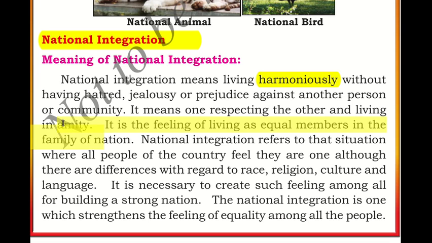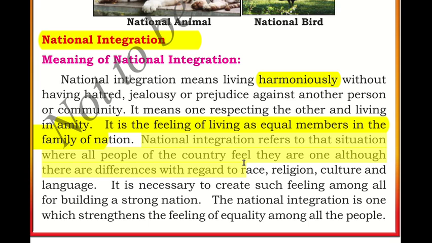Amity might be a new word for you. It means friendship. It is the feeling of living as equal members in the family of nation. National integration refers to the situation where all the people of the country feel they are one, although there are differences with regard to race, religion, culture, and language.